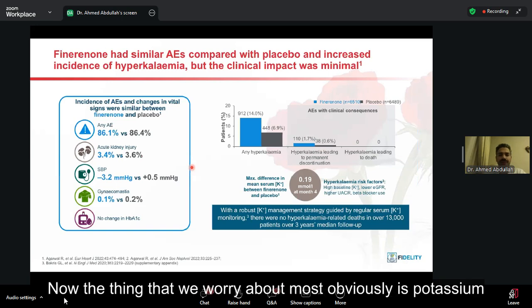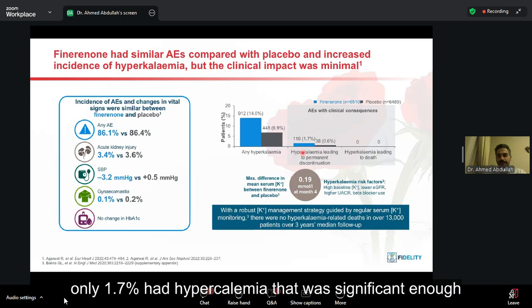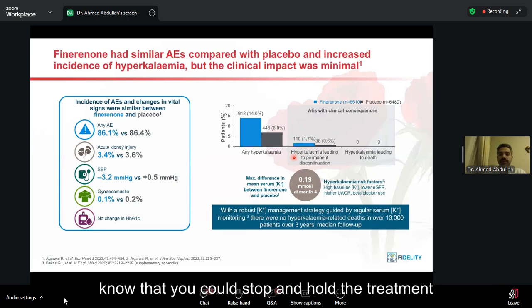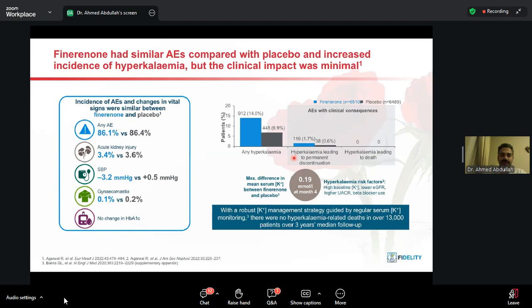What about adverse events? Now, the thing that we worry about most, obviously, is potassium, but this is reassuring to us that the mean difference was about 0.2, and only 1.7% had hyperkalemia that was significant enough, leading to permanent discontinuation. Because we know that you could stop and hold the treatment and then reinitiate with a lower dose once you have your potassium less than 5.